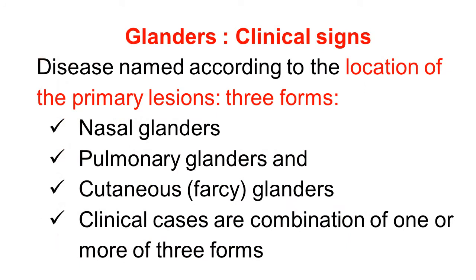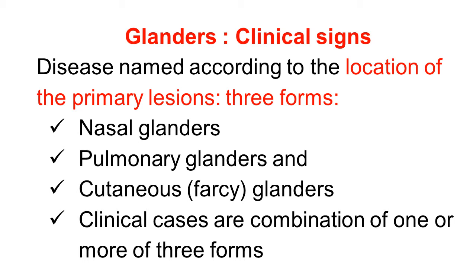Here we will see the clinical signs of glanders. Now glanders is subdivided, classified or named in different ways. Here the disease is named according to the location of the primary lesion, and accordingly it is divided into three forms. If the lesions are in the nasal mucous membrane, it is called nasal glanders.